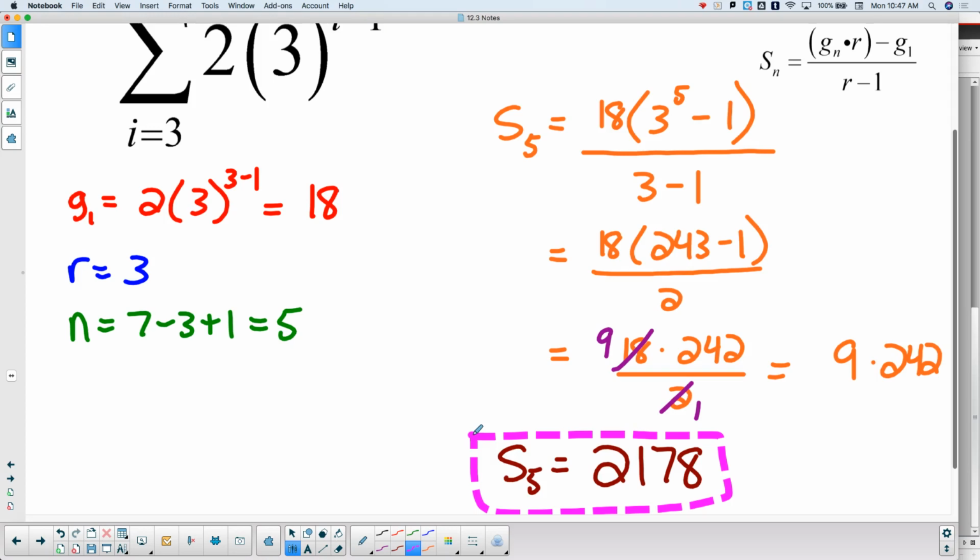Yes, sir? Okay. That one is small enough too because there's only 5 terms where we could find, if you forgot the formulas or if you didn't know how to do it, you could find the 5 terms and then just add them up too.